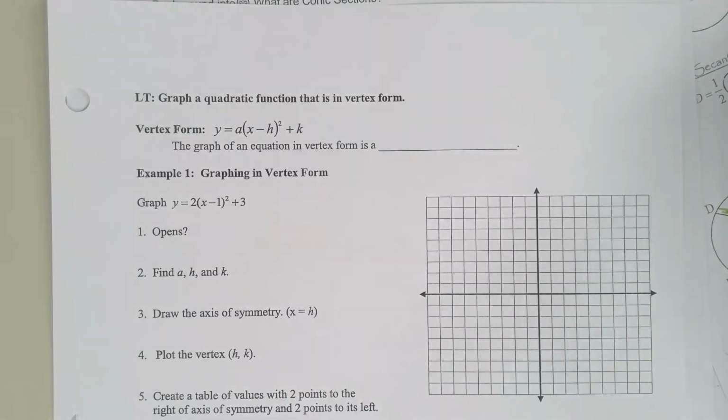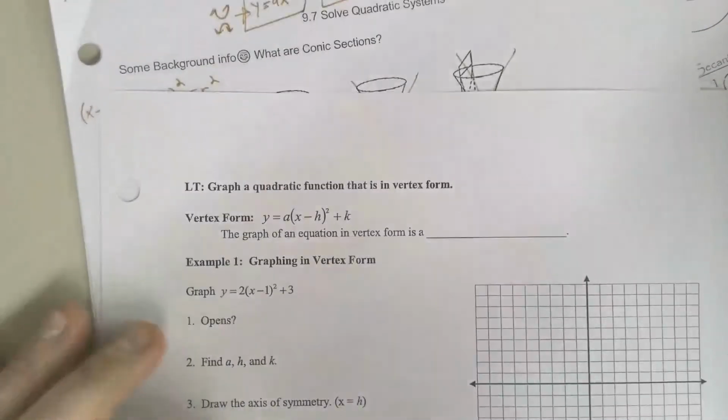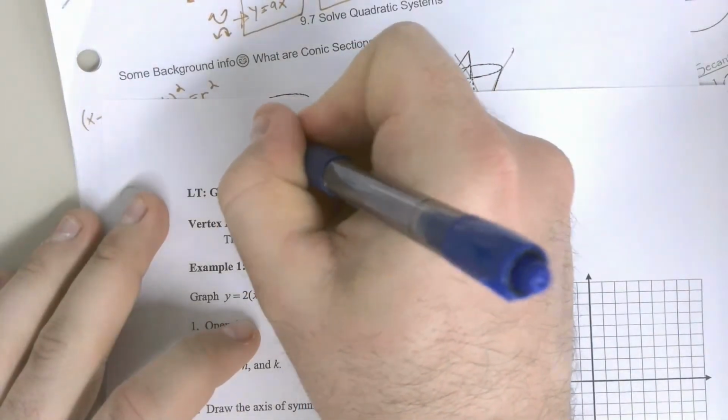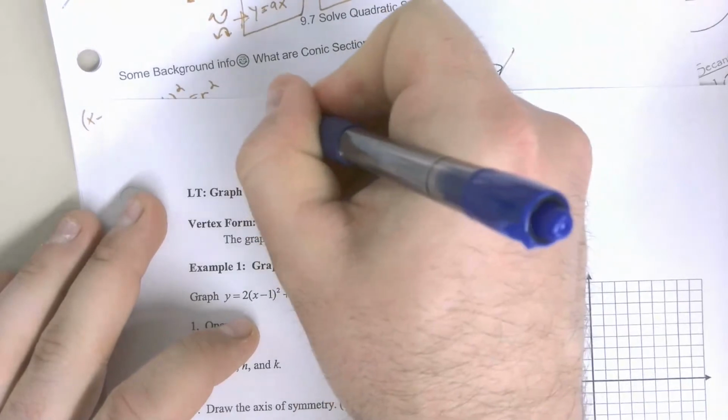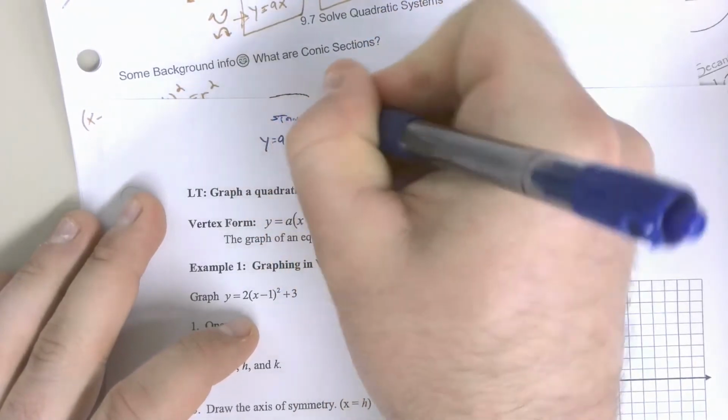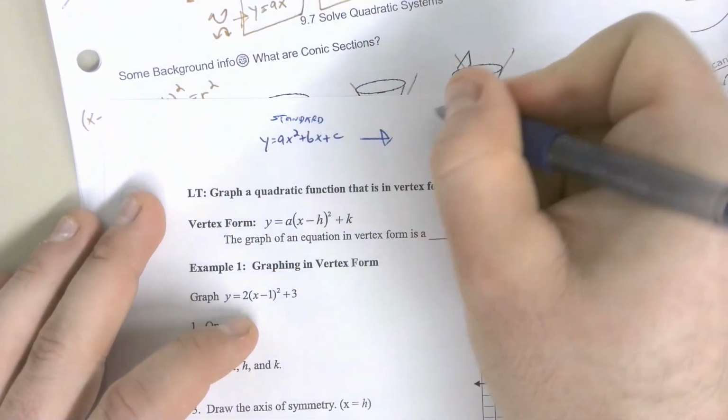Okay, so on Friday we learned how to take a quadratic in its standard form, like this is standard, and we learned how to convert it into that vertex form.